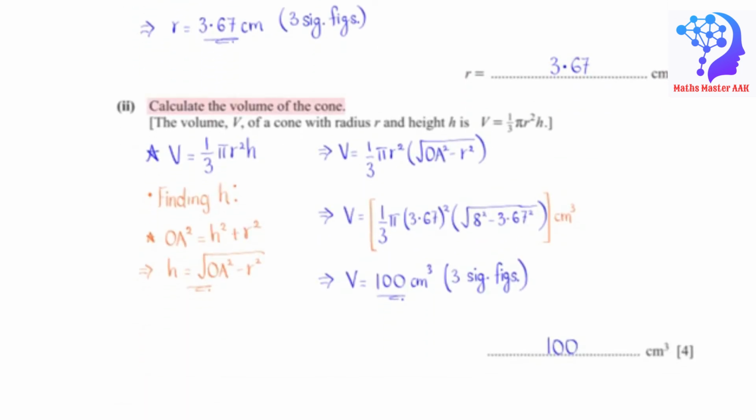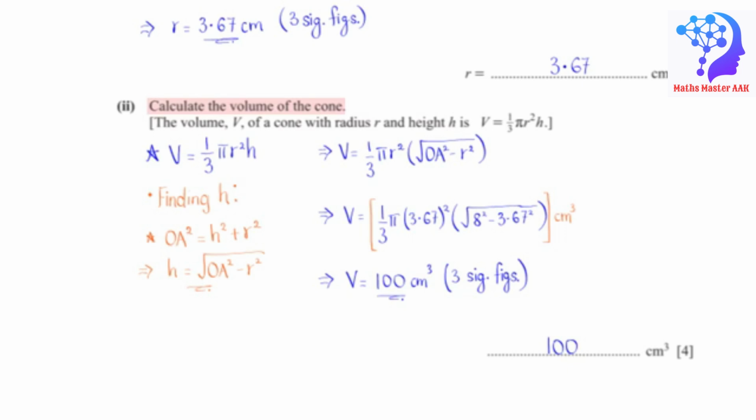Calculate the volume of the cone. The volume V of a cone with radius r and height h is V equals 1 over 3 pi r squared h. To find the volume of the cone, all we need to do is to find the values of r and h and substitute these values into the formula. We've already found the value of r in the previous question.